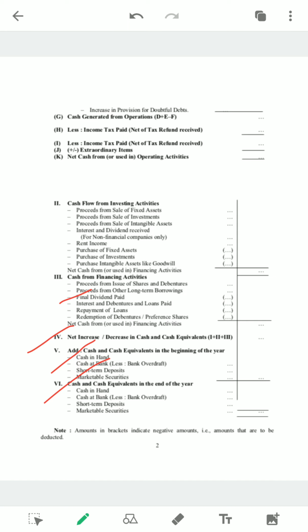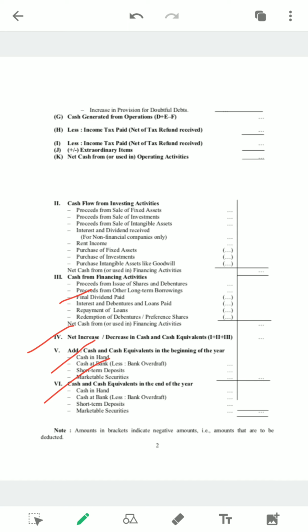So what is the thing I've told you earlier? Cash flow is done only for adjusting the cash balances, nothing else. You just need to record all the transactions relating to cash, whatever cash has flowed in or flowed out.